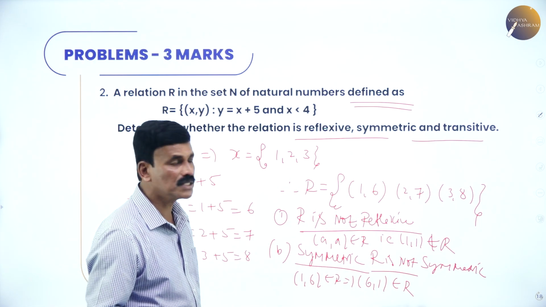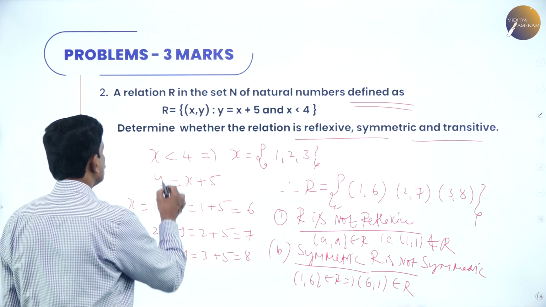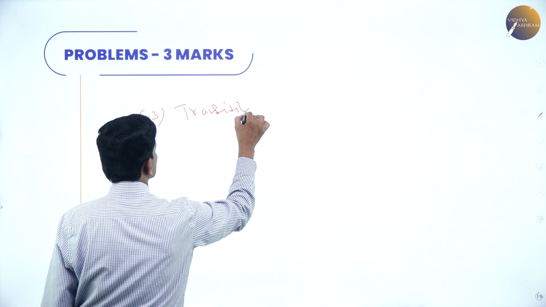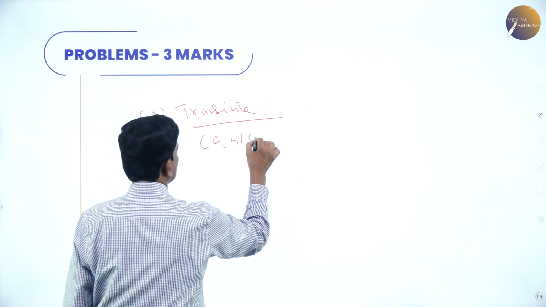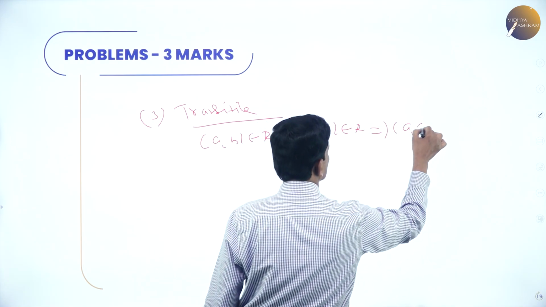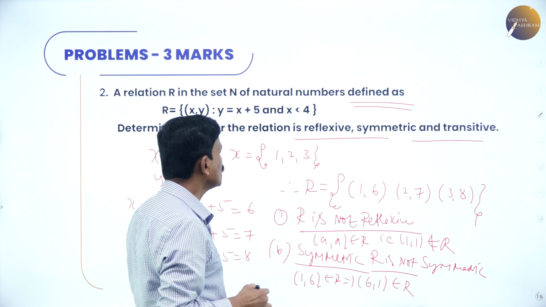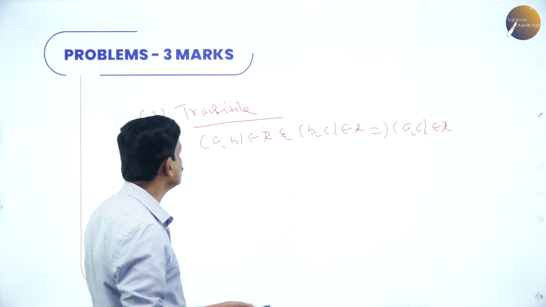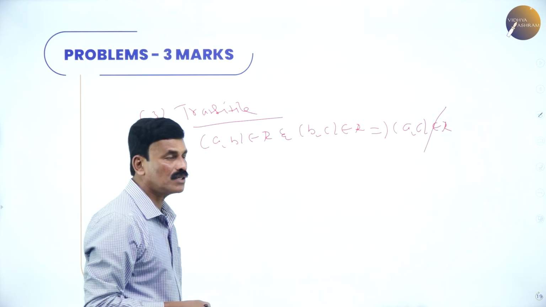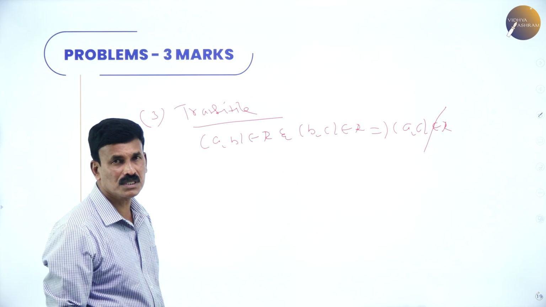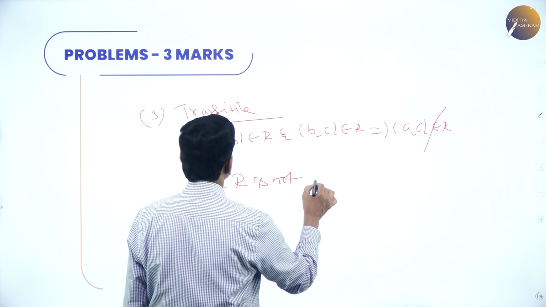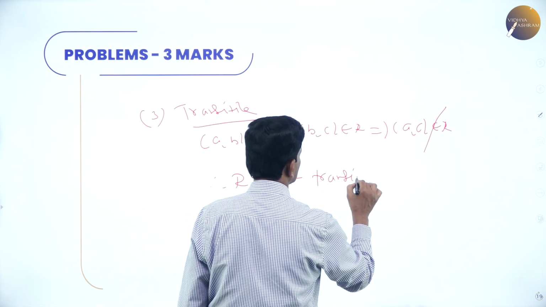Now move on to the next property, transitive. What is transitive? If (a, b) belongs to R and (b, c) belongs to R, implies (a, c) also belongs to R. No element will satisfy this condition, so R is not transitive.